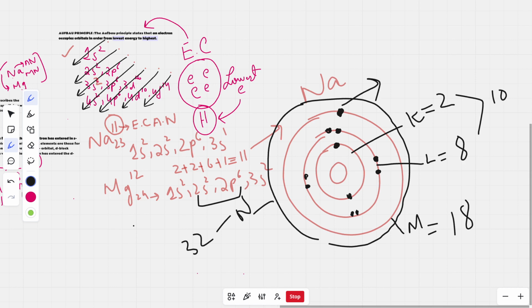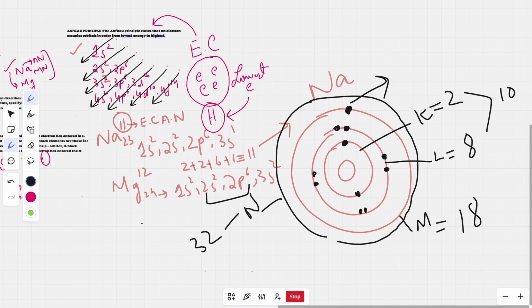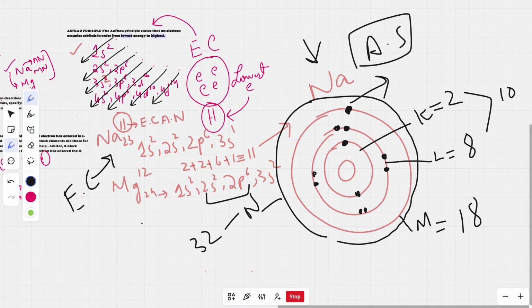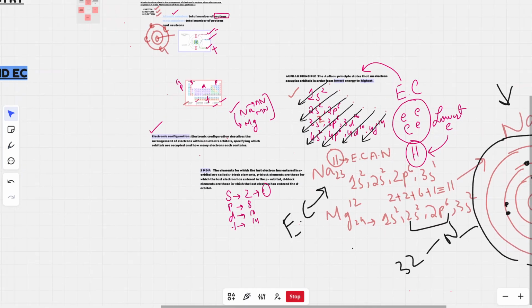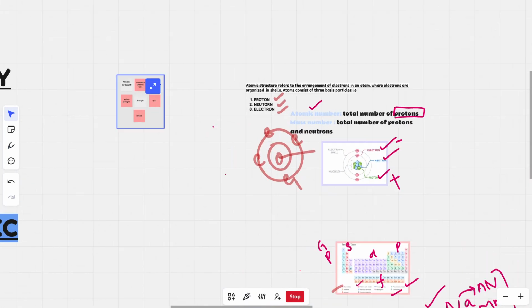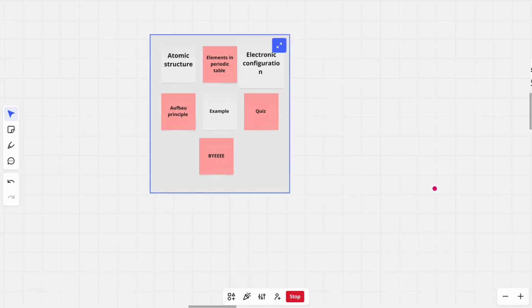And that's how आपको दोनों चीजें समझ आ गई कि इलेक्ट्रॉनिक कन्फिगरेशन कैसे करते हैं और एटॉमिक स्ट्रक्चर को कैसे बनाते हैं. So that's how we make the electronic configuration of sodium and that's how we make the structure of sodium. I hope the topic was pretty clear to all of you and I hope everything made sense.